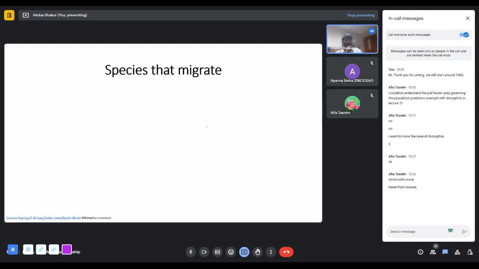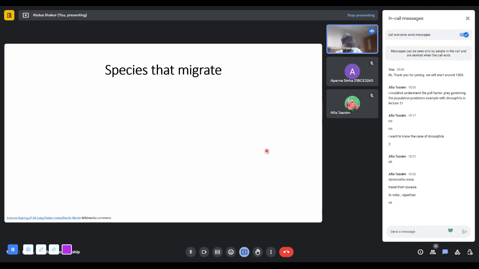You can travel from Eurasia to India, Rajasthan, and Gujarat. Yes, you're right. So it also comes to Gujarat, I presume.